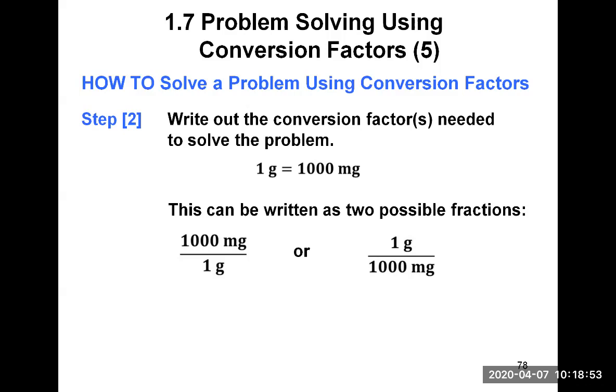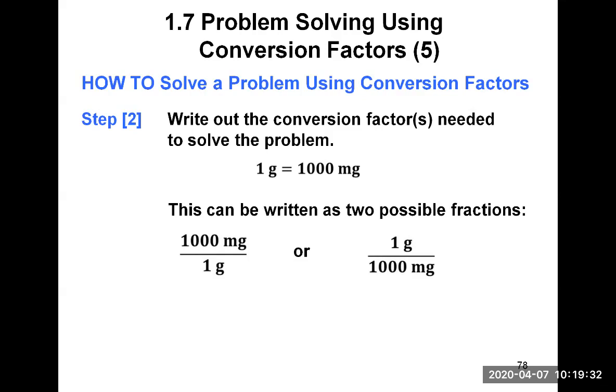As I told you, when you have 1 milligram equals 0.001 gram, you can also rewrite this by multiplying by 1,000 on both sides. And so 1 milligram becomes 1,000 milligrams, and 0.001 gram becomes 1 gram. So this equality is written like this: 1 gram equals 1,000 milligrams.